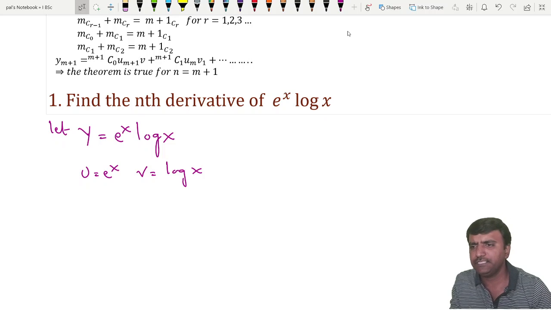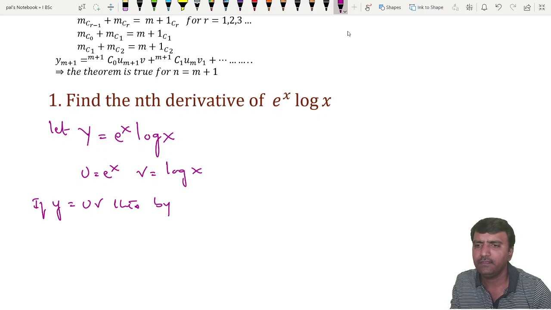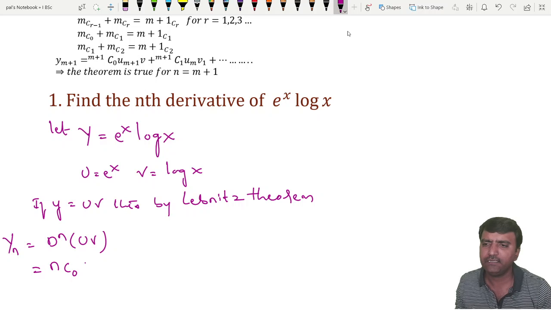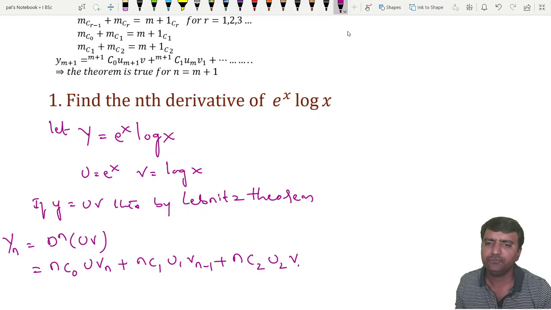So the nth differentiation: if y is equal to uv, then by Leibniz theorem, its nth differentiation, that is yn, is equal to nth differentiation of uv, which is nc0 into u vn plus nc1 into u1 vn minus 1 plus nc2 into u2 vn minus 2 plus and so on.